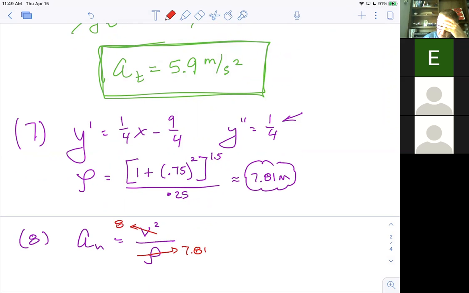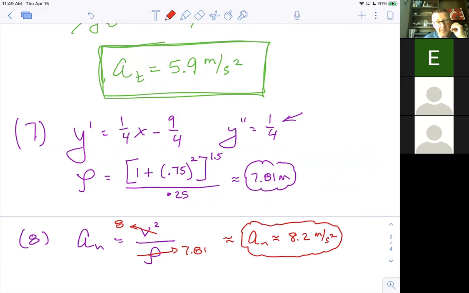If I square 8 and divide by 7.81, which is fairly close to 8, I don't get that different of an answer. I get approximately 8.2. Again, 8.2 meters per second squared of desire to change directions.